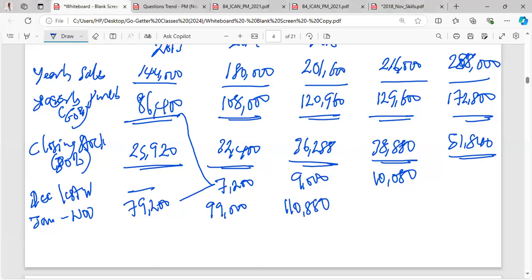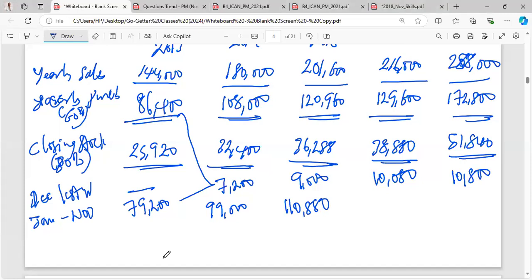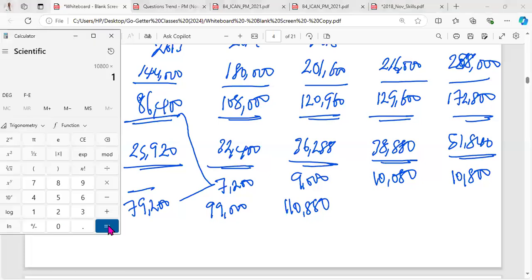Okay, then I will come and do that of 129,600. I'll divide by 12. I have 10,800. Multiply by 11. 118,800.